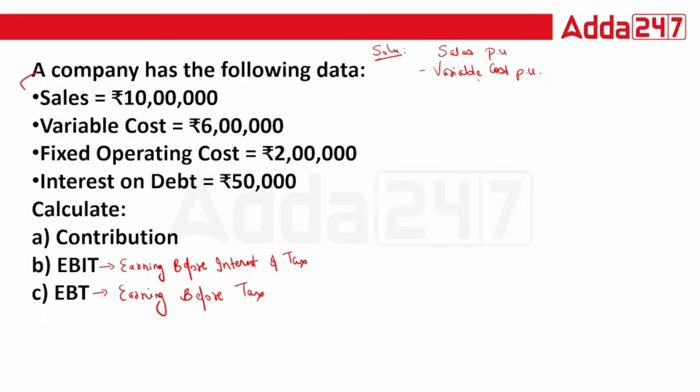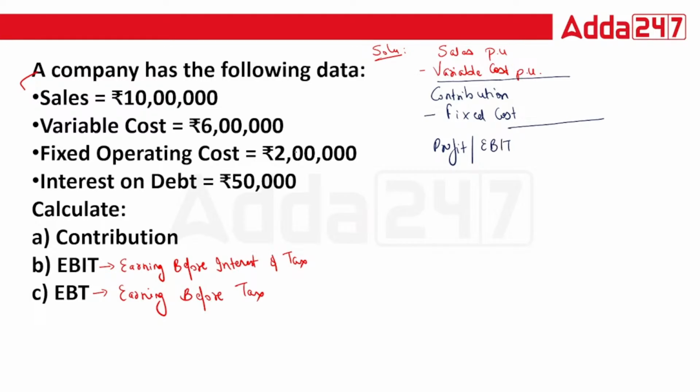When you subtract it from the sales, you receive contribution. Next, from this you subtract the fixed cost. As soon as you subtract the fixed cost from the contribution, you receive profit, or here you can say that is your EBIT.